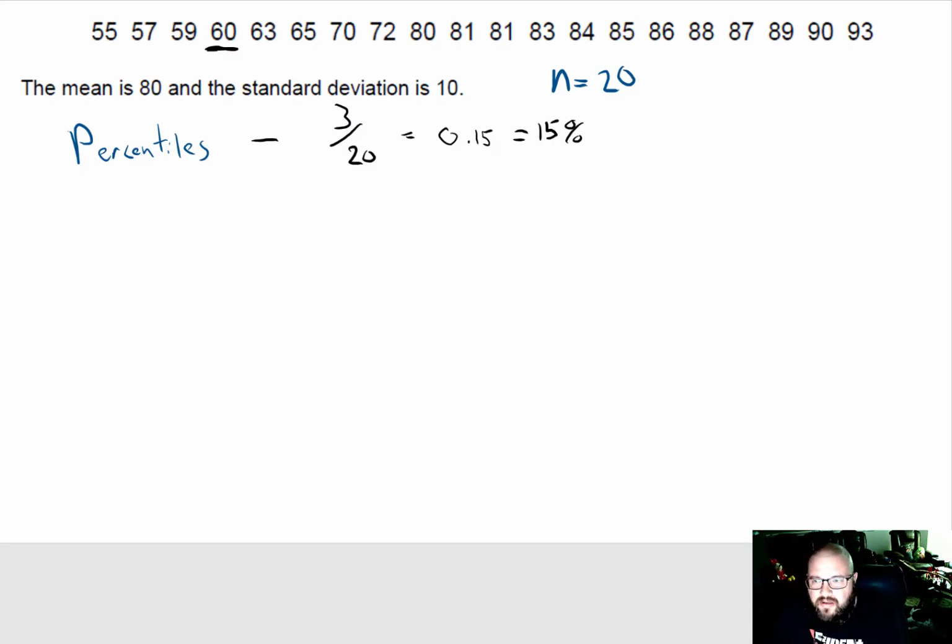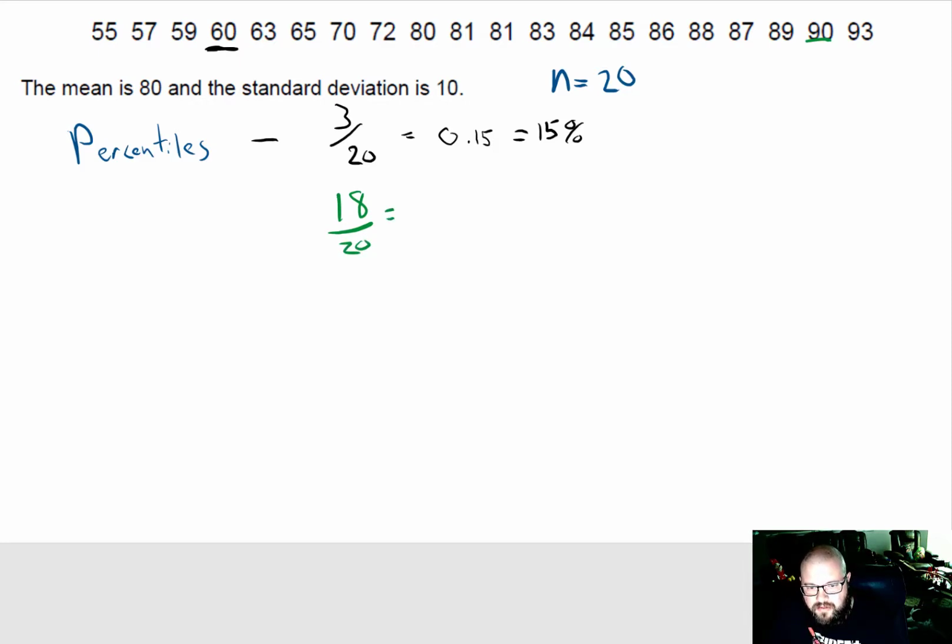Let's pick another value. Let's go with something high here. Let's say we got the value of 90. So how many scores are less than 90? Well, since these are the top 2 up here, I'm going to say there is 18 out of 20, right?